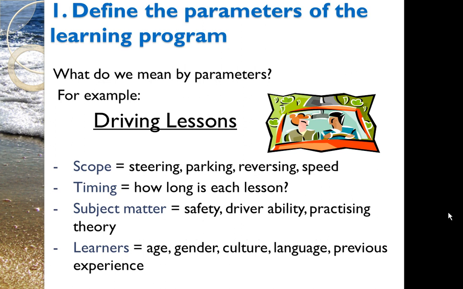The subject matter is safety issues, the driver's ability, practicing theory, learning the road rules. And the learner's characteristics are their age, their gender, culture, their language, their previous experience. All of these learner characteristics determine how you say what you want to say.